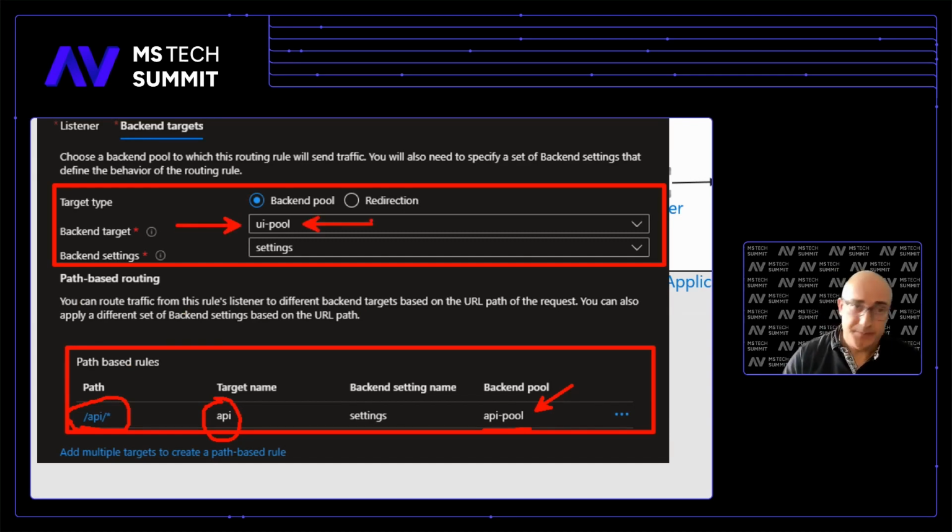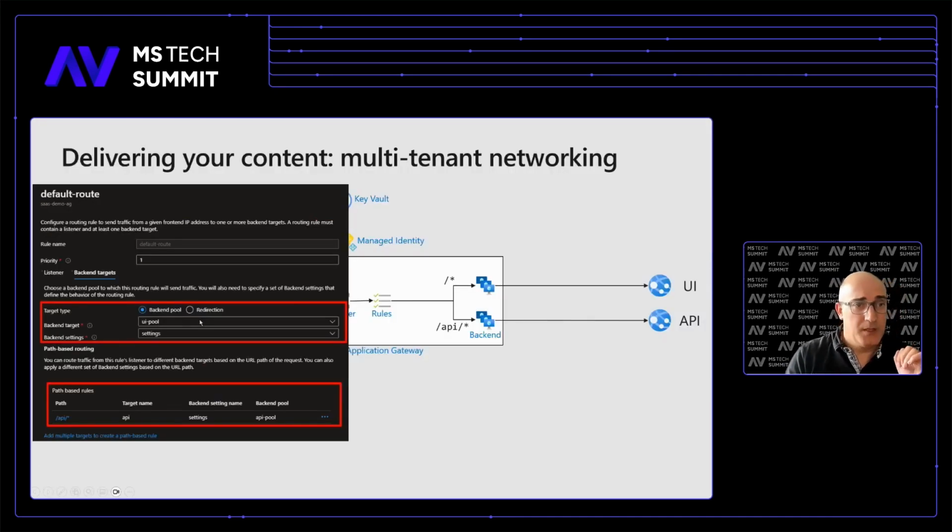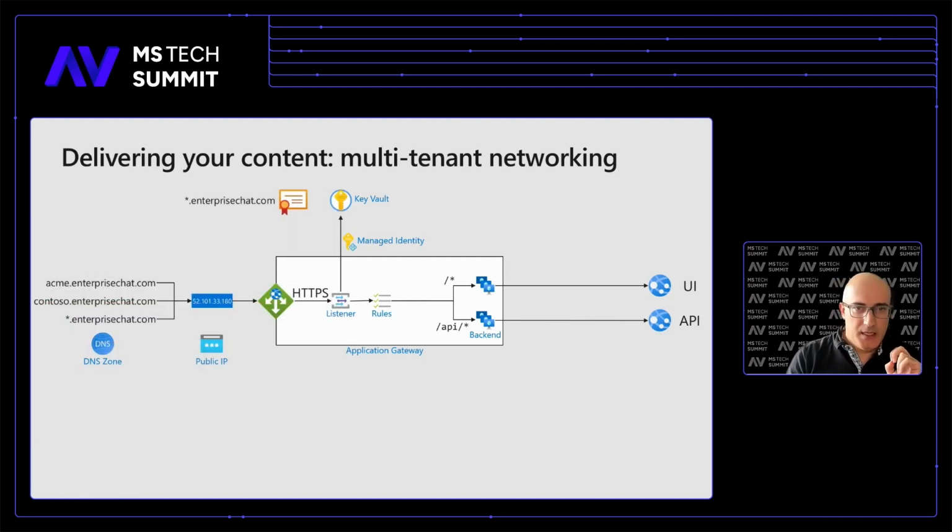Okay, this one. Cool. So we're almost there, right? The last thing that we need to do is basically handling this Acme or Contoso or whatever subdomain to tell our application what is the company that the user is trying to access. All right.